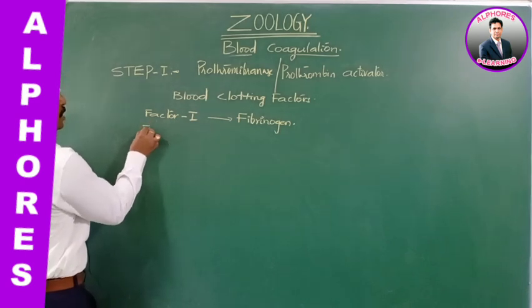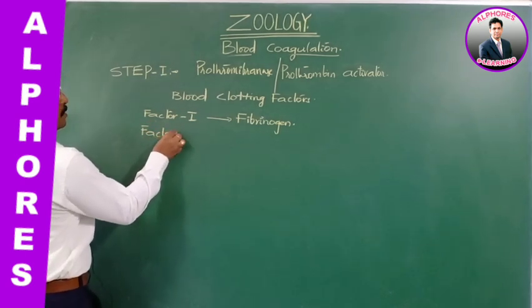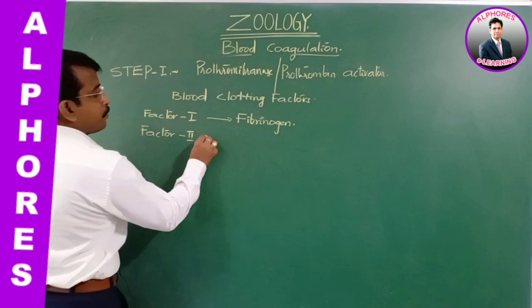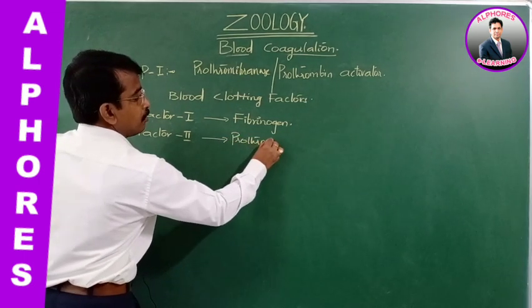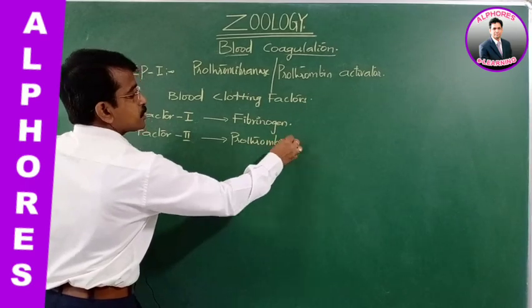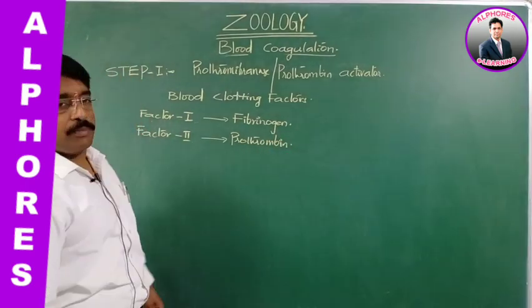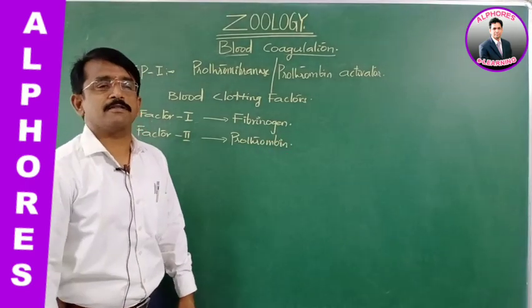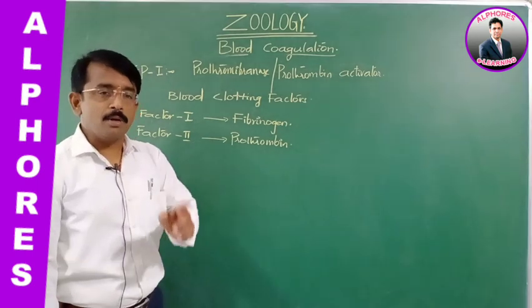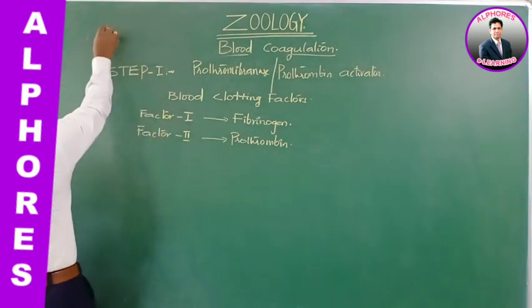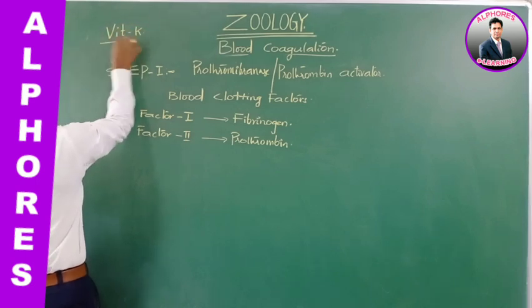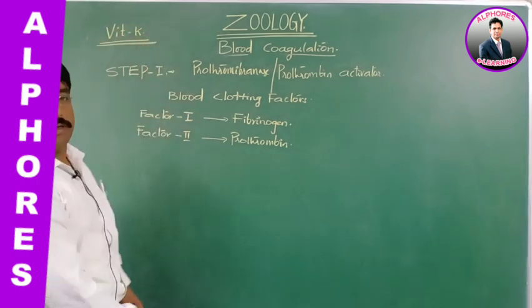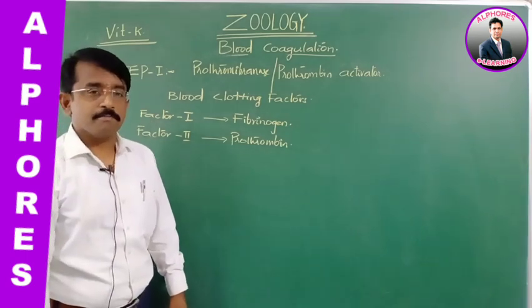Next, factor 2 is prothrombin. Recall that prothrombin and fibrinogen are factors synthesized in the liver. So the liver, with the influence of vitamin K, synthesizes the prothrombin factor.